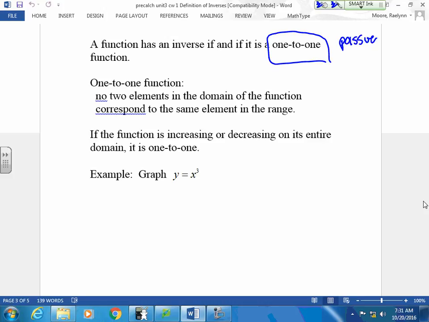A vertical line test, and a vertical tells us this is a function, and it has to pass a horizontal line test. No two elements in the domain correspond to the same elements in the range. If it's a function, it's a one-to-one. So if it's all increasing, decreasing, in other words, this is a cubing function. So your cubing function says it's this.